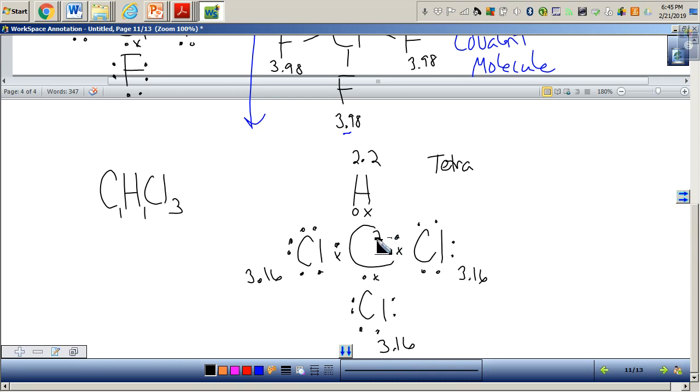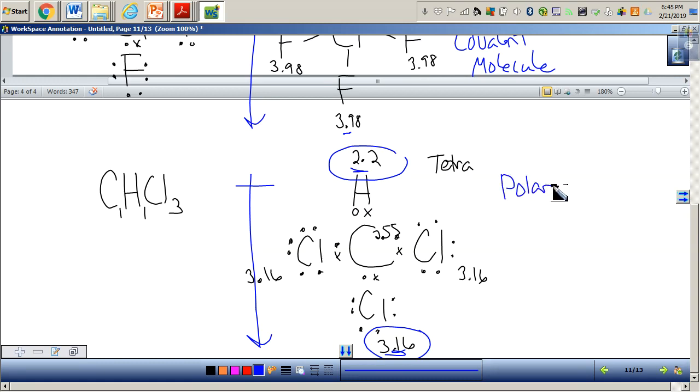You could put it in, it'll still work out the same way. Can we draw an arrow from a low number side over to a high number side? Yes. We can draw a dipole moment from the low number over to the high number side of the molecule. So the molecule is polar covalent.